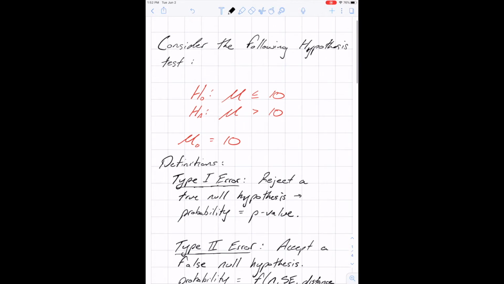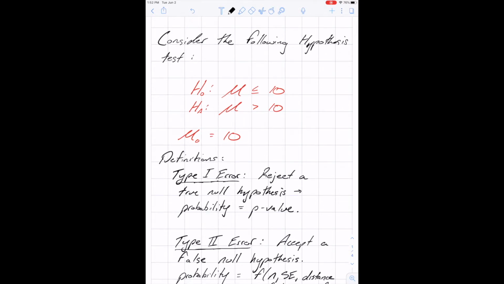So just as a review, consider the following hypothesis test. So we had some research question that asked, is the true mean greater than 10? So clearly we see our alternative hypothesis right here follows a yes answer to the research question. And our null hypothesis is the opposite.